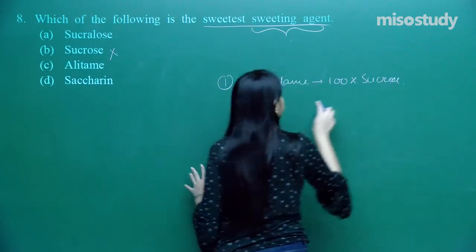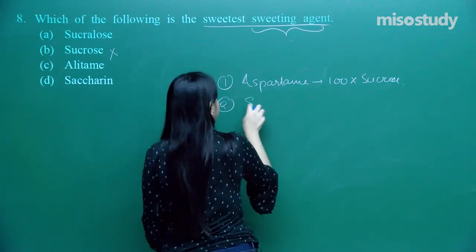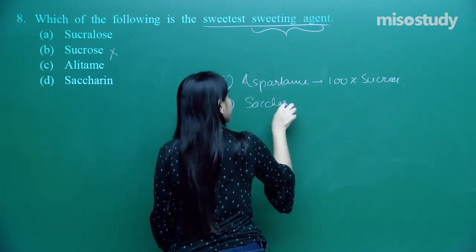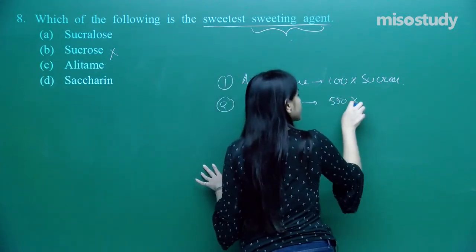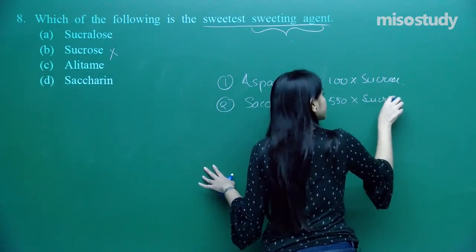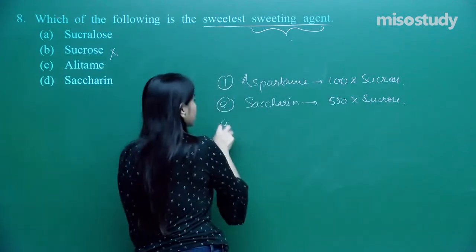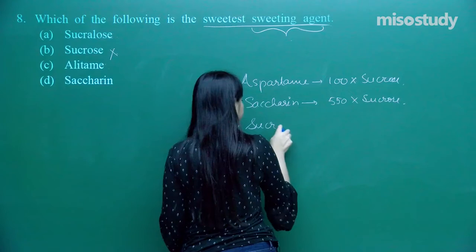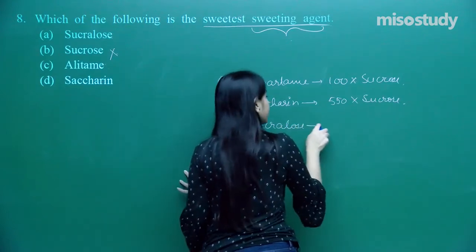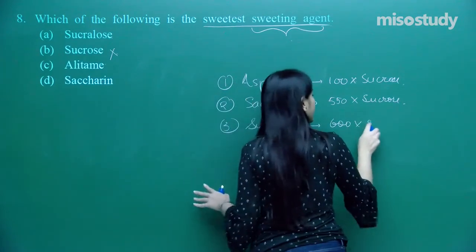That is the sweetness. Second was saccharin, which was how much? It was 550 times that of sucrose. Third was, I hope you all are able to recall that, sucralose. That is approximately 600 times that of sucrose.